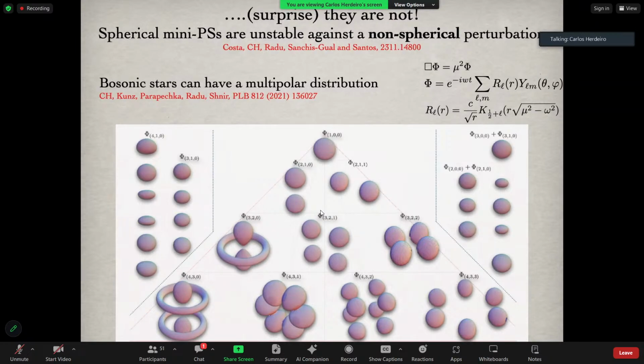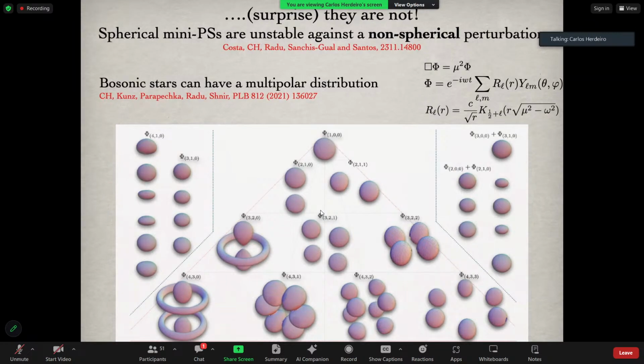And their nonlinear self-gravitating versions for the different choices of the spherical harmonic are these multipolar stars that you see here. So next to each figure, you have a phi, a scalar field with three numbers, and the last two numbers are the L and the M of the corresponding spherical harmonic that you can see very clearly if you turn off gravity.